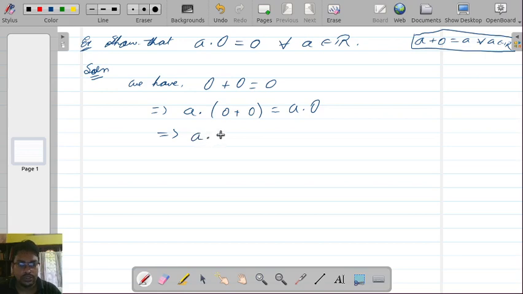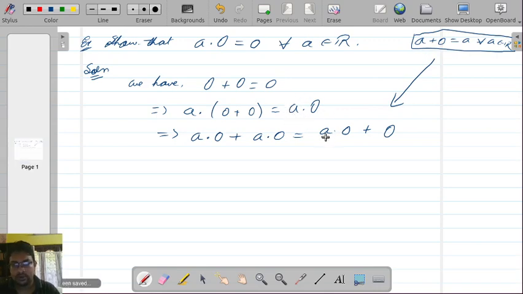So from this side I can use the distributive property, a dot 0 plus a dot 0, and in this side I can just write a dot 0 plus 0, because I am using this property here. So a dot 0 is also an element in R, so it can always be written as a dot 0 plus 0, right? We can write it that way.